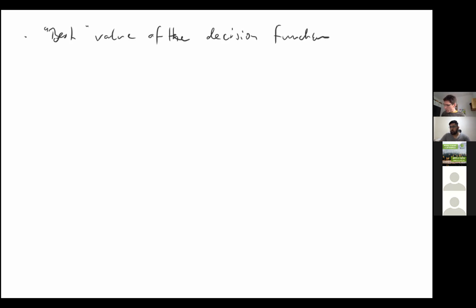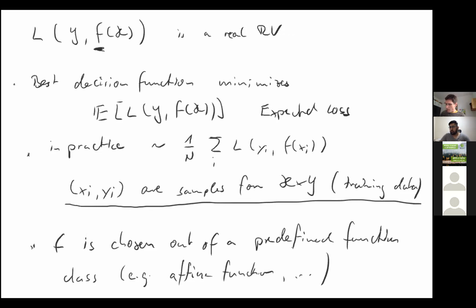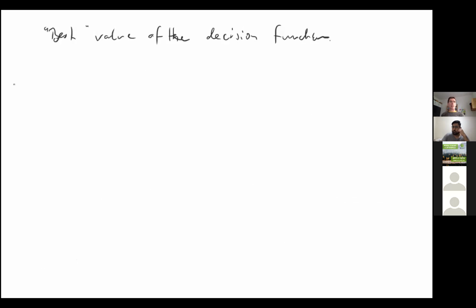Here you get an explicit form of your decision function f. For example, an affine function: you compute the parameters of your affine function, and you can store this function in your computer. In the other approach, you will not get a parametric form of your function, you will just get a value given some certain x. And this is this local way of looking at things.